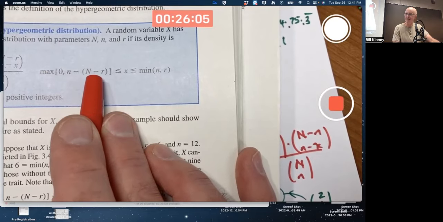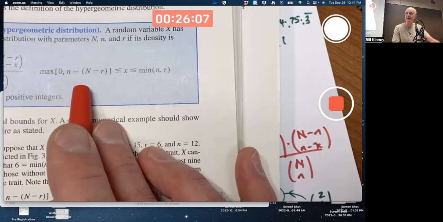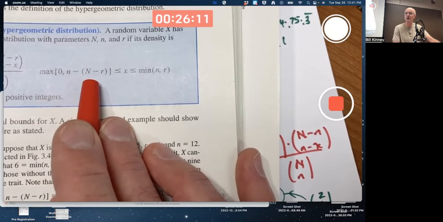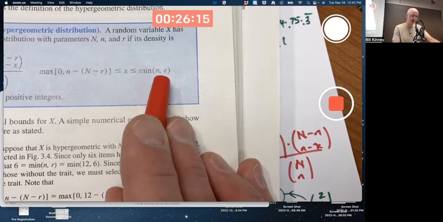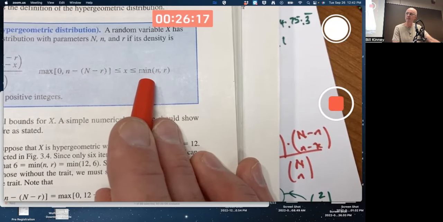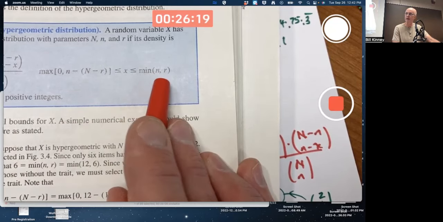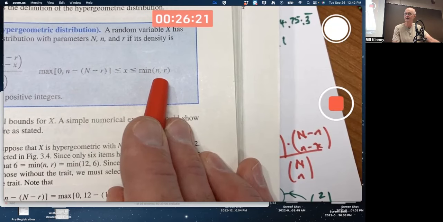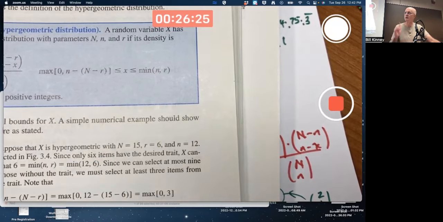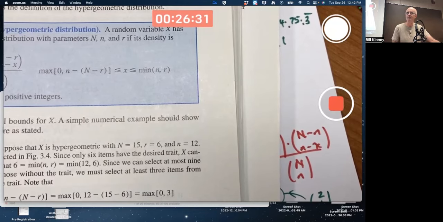This quantity here could be negative. That's why you have a 0 there. But for us, this is a 1. Our x couldn't be less than 1. The minimum of little n and little r is, for our case, the minimum of 3 and 3, which is 3. Our discrete random variable takes on values 1, 2, and 3 with positive probability. Think about other examples to confirm this.